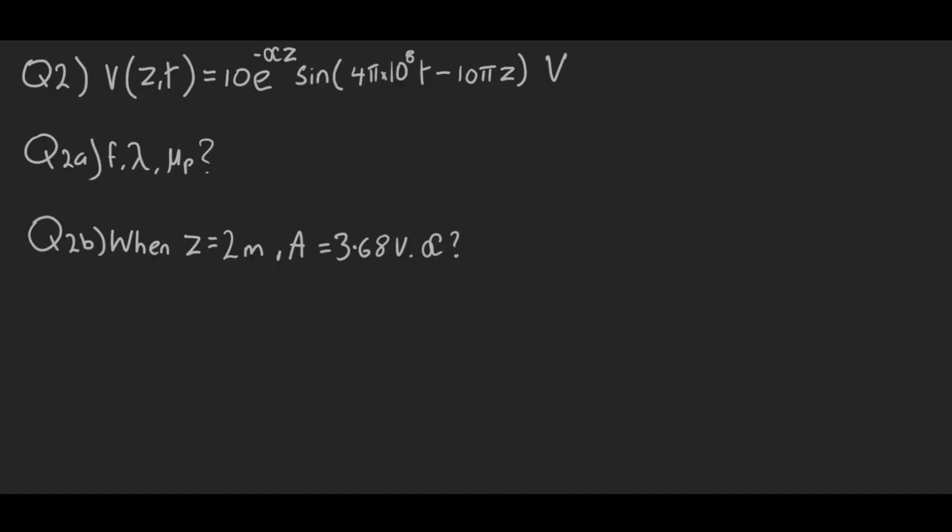Okay, let's start with question 2a and find the frequency. Frequency we get from the angular frequency, and that's the case of omega is equal to 2 pi f. Dividing by 2 on both sides, we rearrange for frequency, like so.